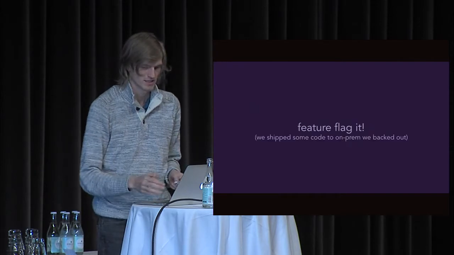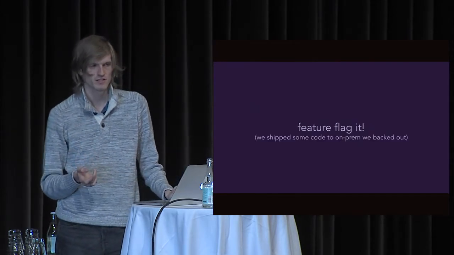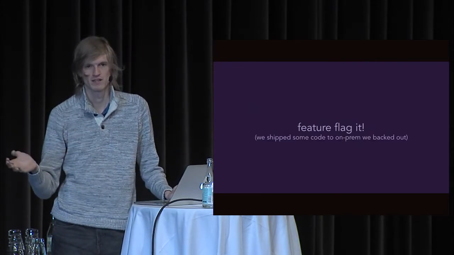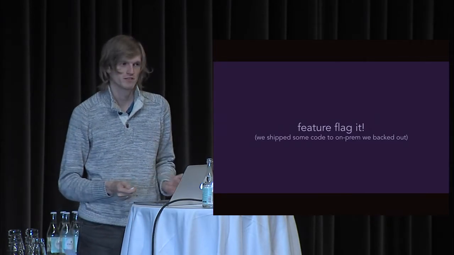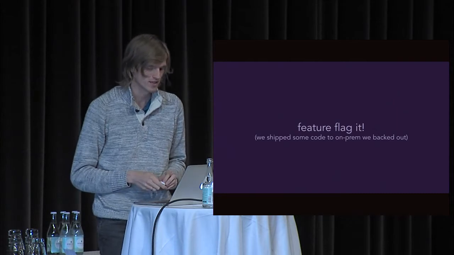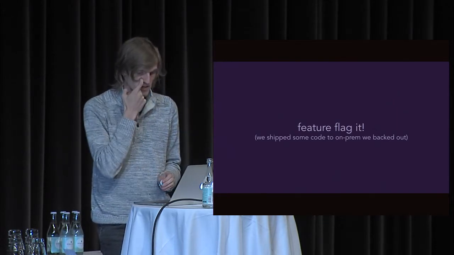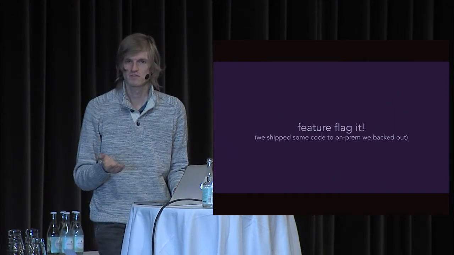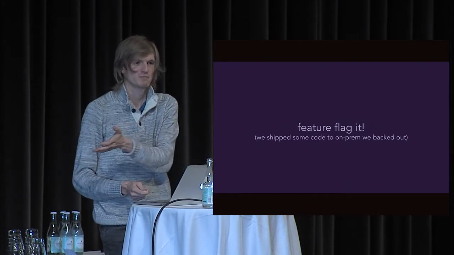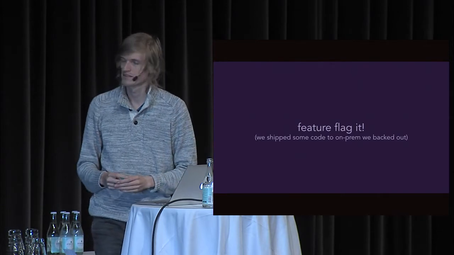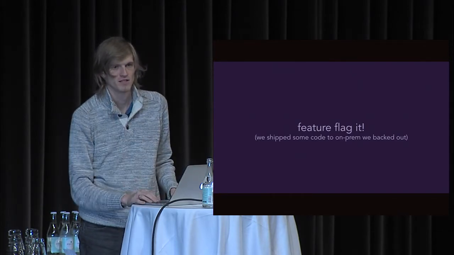And the reason for this is that until the feature is ready for consumption, it's flagged away. So unless you flip a very sneaky configuration variable, you will not see this. And yeah, we shipped some code to on-premises customers, which in a future update would just be backed out because it turned out that feature wouldn't work in this particular form.